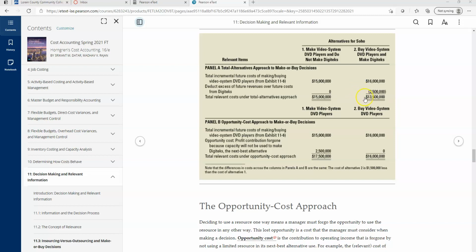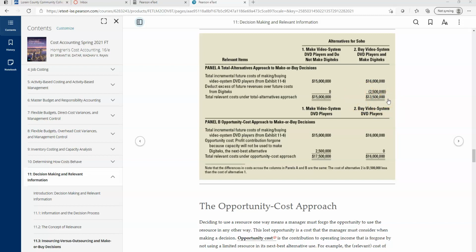So in this case, the net cost of my decision to outsource is only $13,500,000. Why? The initial cost of outsourcing minus the additional operating income I'm gaining. So the net cost of that decision is $13,500,000.